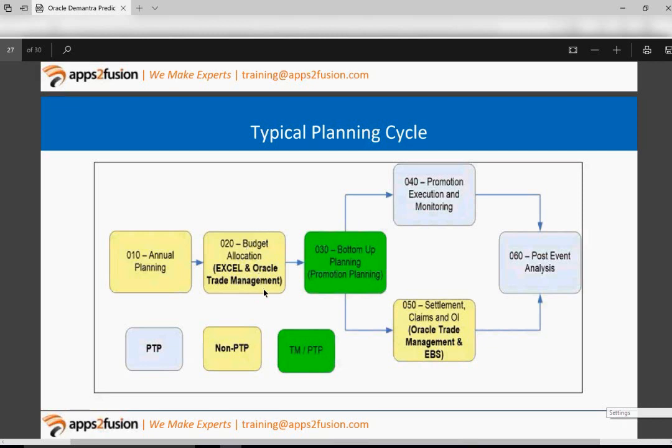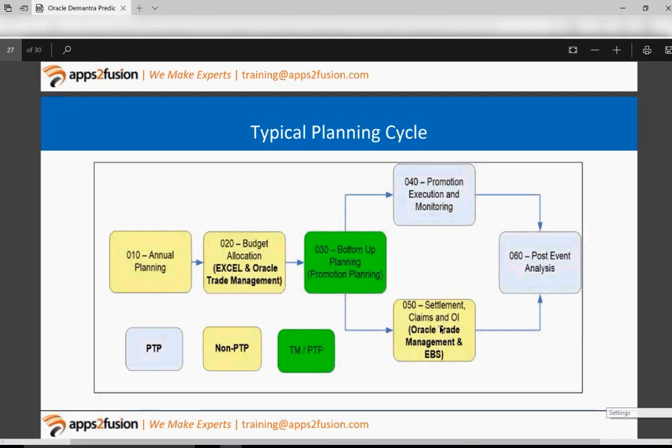So we have the Oracle Trade Management application, or maybe even an Excel file would be enough to do that kind of budgetary allocation. It's a kind of top-down approach, and then you interface that back into Demantra and do a bottoms-up approach within the Demantra worksheet, to see whether it is reconciling or not. These steps are parallel.